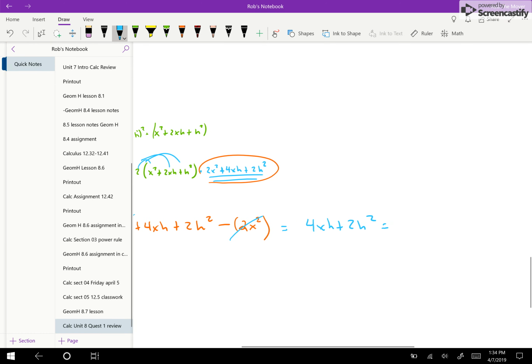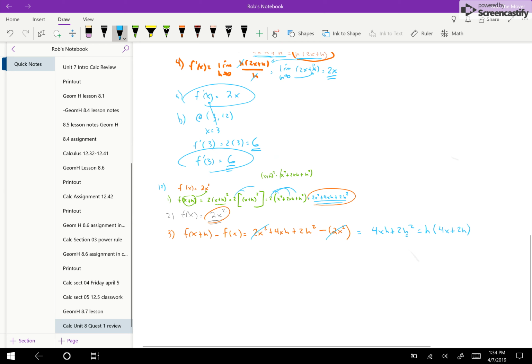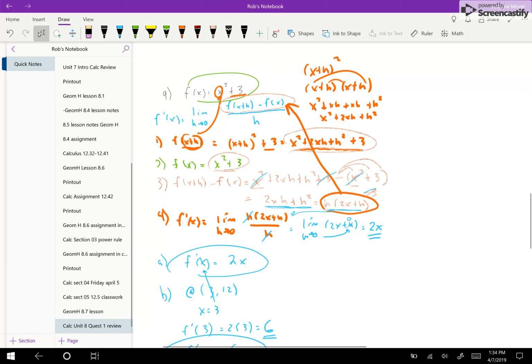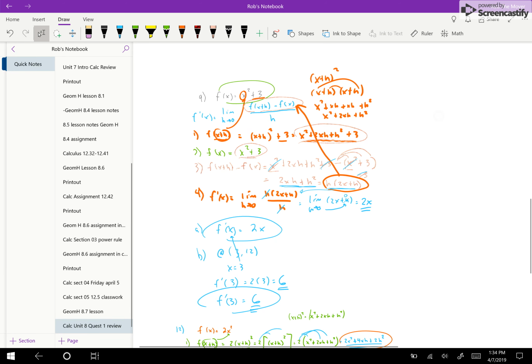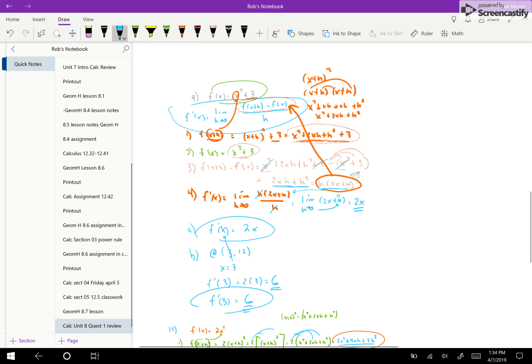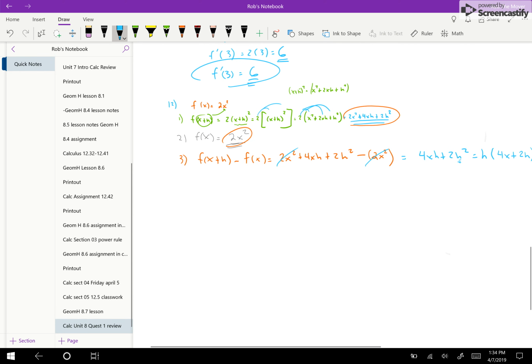Again, it might behoove you to go ahead and factor out the h here before you plug into your formula for the derivative. Pull out the h, I get 4x on the left, and only one h comes out of here, so I still get 2h inside. Now that is the numerator for my derivative equation. Remember our derivative equation, written up here in blue. You should know that by heart now.